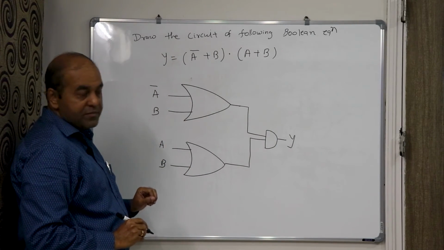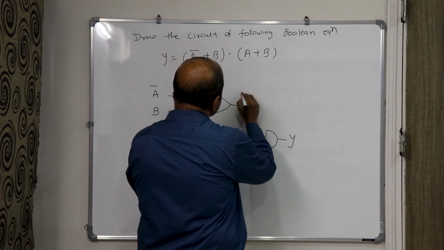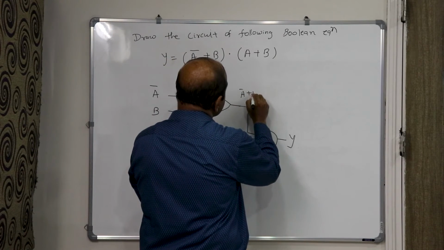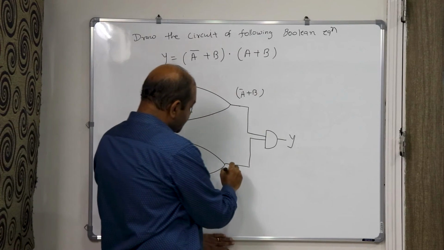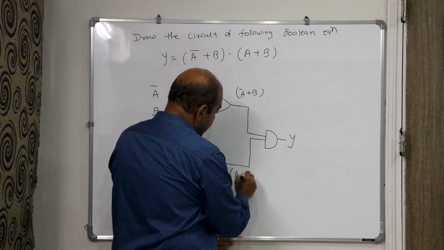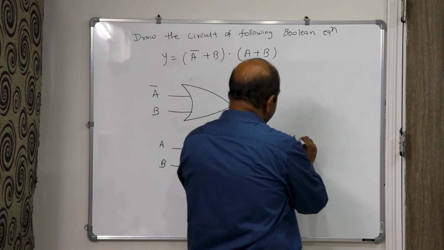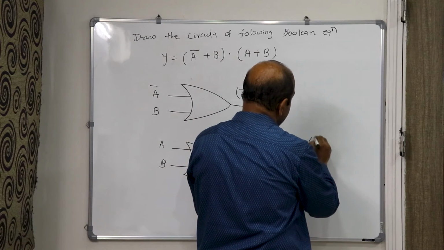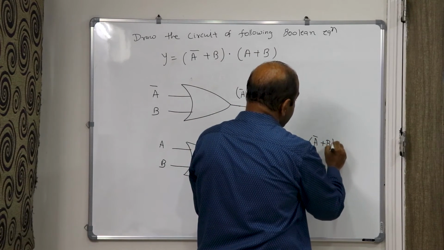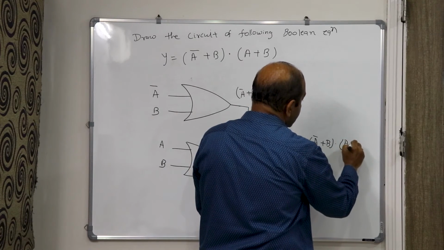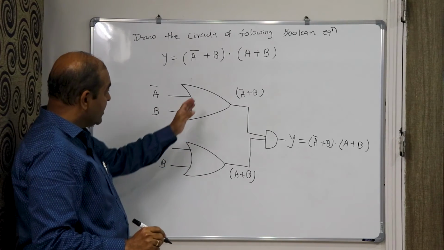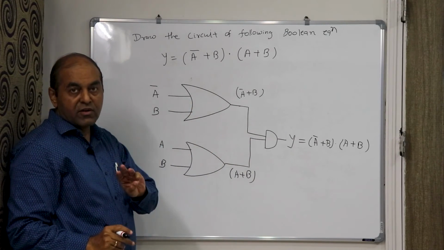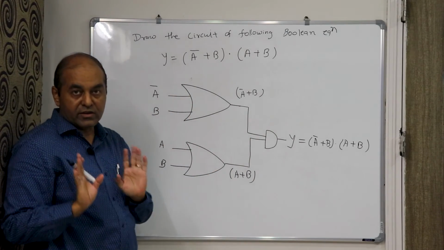Again 1, 2 and 3 gates are required: 2 OR gates and 1 AND gate.